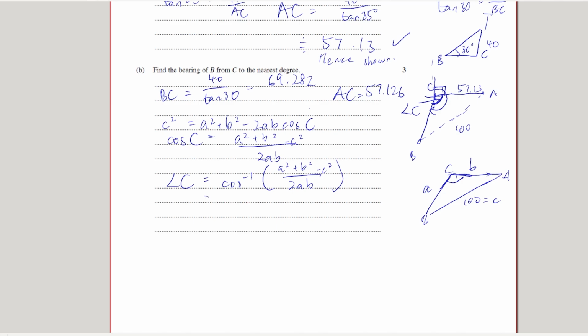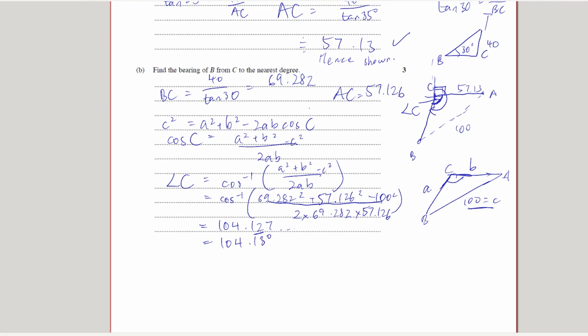Okay, so all you have to do is plug it into the formula, and you get approximately 104.127 and so on. It says to the nearest degree, so I'm going to take 2 dp over here. Yeah, 104.13 degrees.